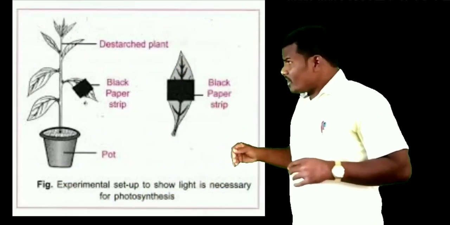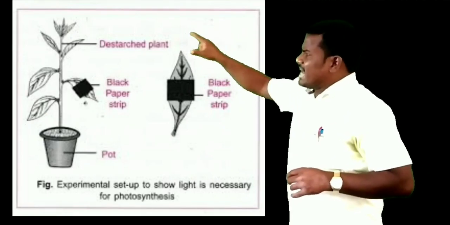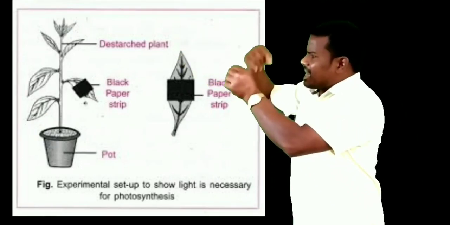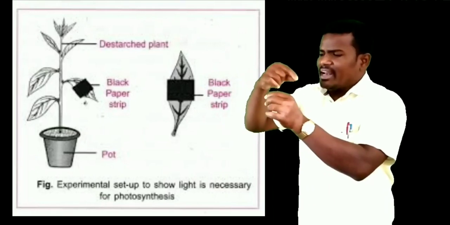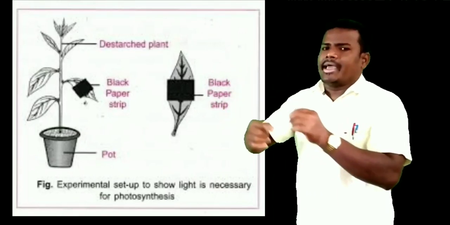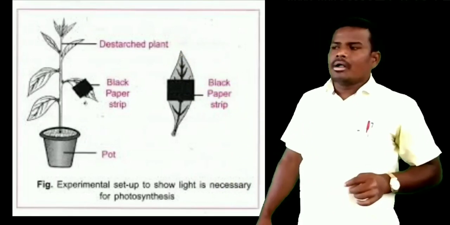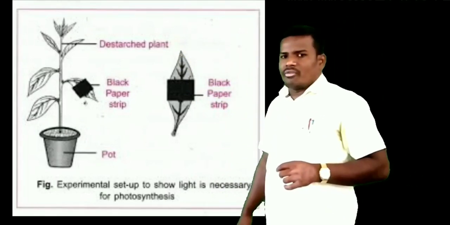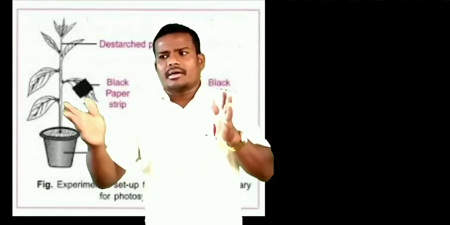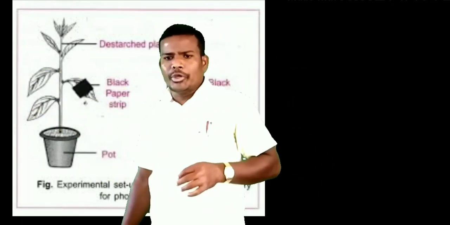Next, from these leaves, select a leaf and cover half of it with black paper, leaving the other half without black paper. Then place it in bright sunlight for a few hours.